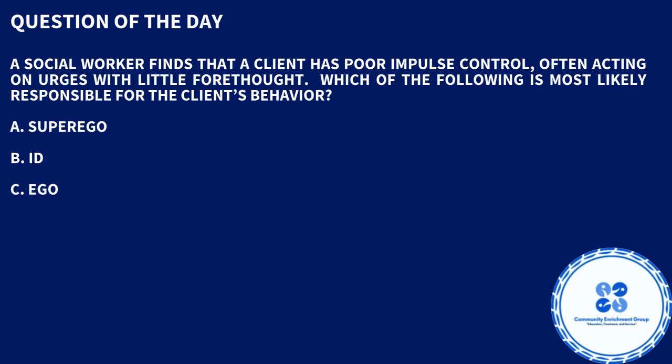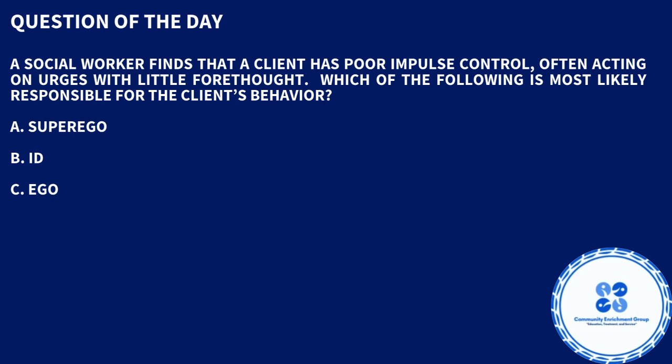So, what is the id? Think back to those theory classes that you had in social work, in grad school, and in undergrad. The id is the primitive and instinctual part of the mind.